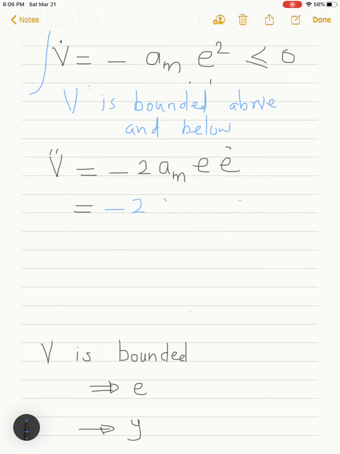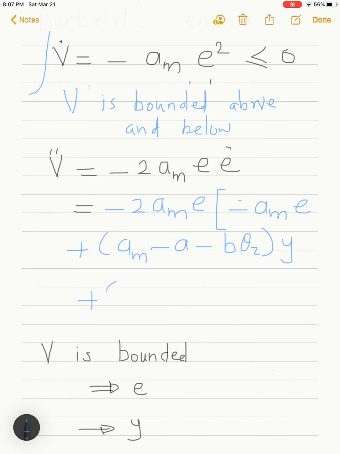It's minus 2 a_m times e dot, which is minus a_m e plus a_m minus a minus b theta 2 times y plus b theta 1 minus b_m uc. This is the equation for V double dot.